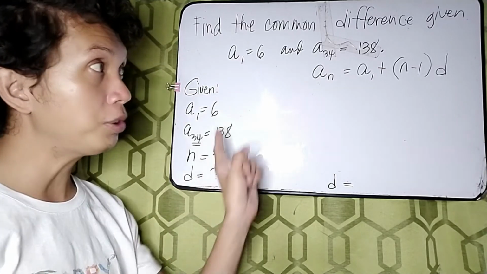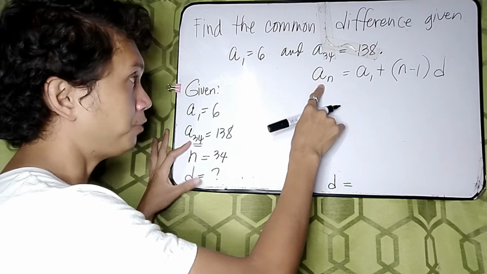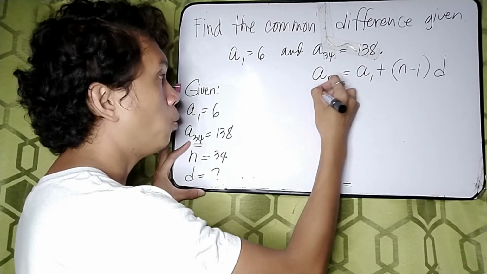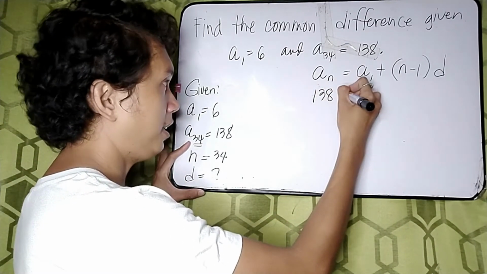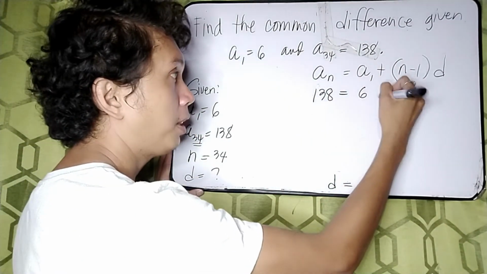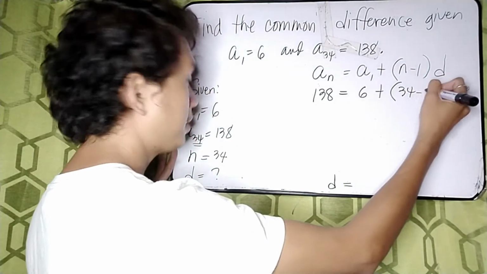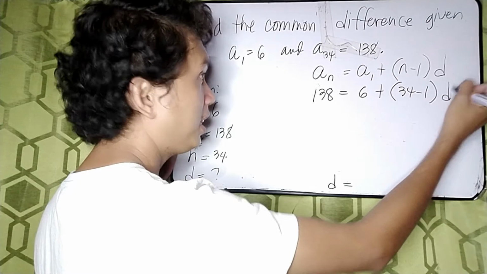Now let's substitute it into our formula. So a sub n, which is a sub 34, is equal to 138, is equal to a sub 1, which is 6, plus the quantity of n, which is 34, minus 1 times d.